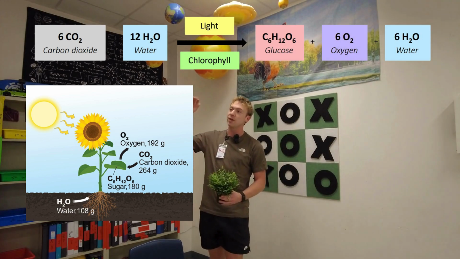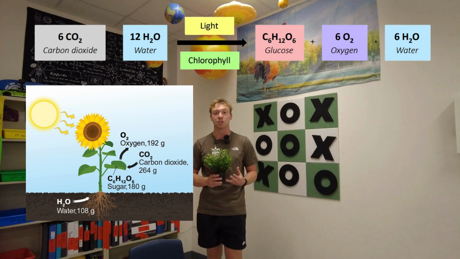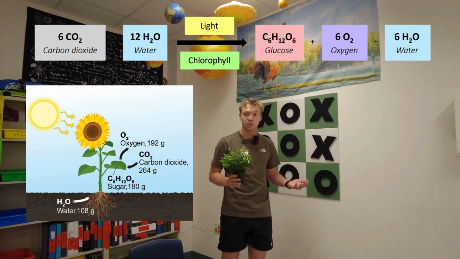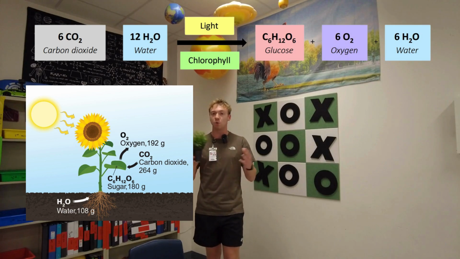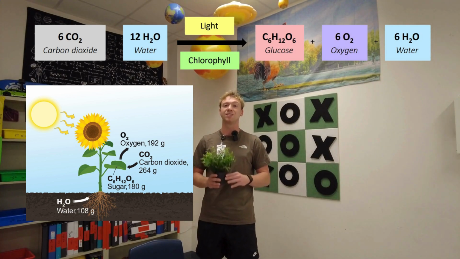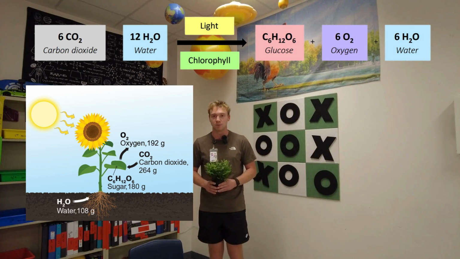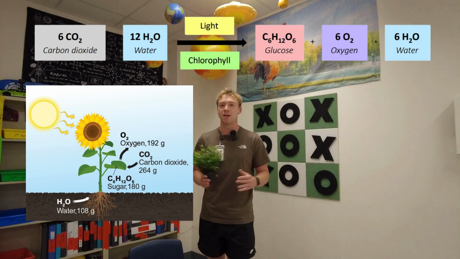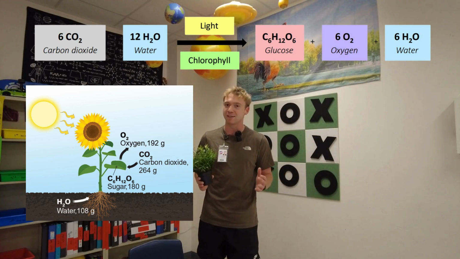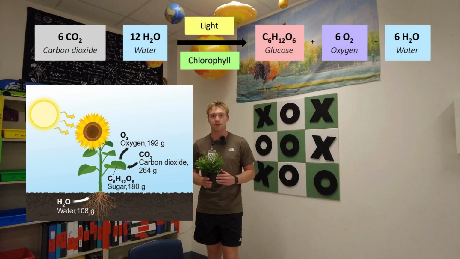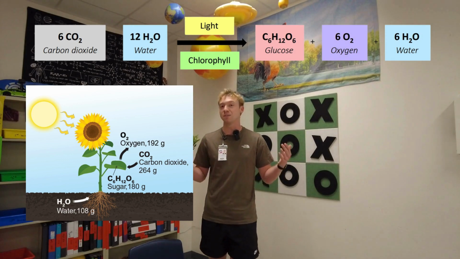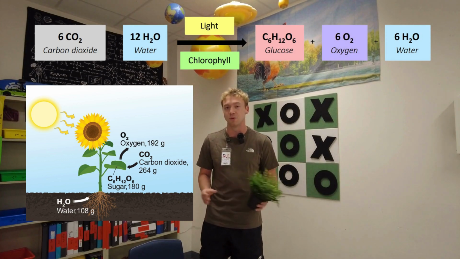Now, the energy from sunlight helps cause a chemical reaction with the products being oxygen and glucose, which is a sugar. Now, what you should notice about this equation is that both sides have the same number of atoms, right? Both sides are balanced. And this is because the law of conservation of mass says that mass is neither created nor destroyed, right? It's conserved. Mass is conserved during the process of photosynthesis.